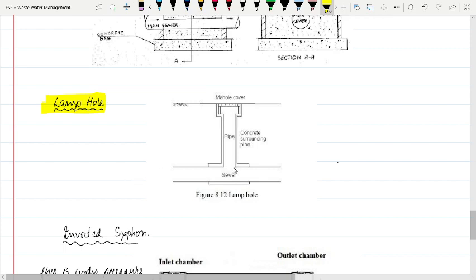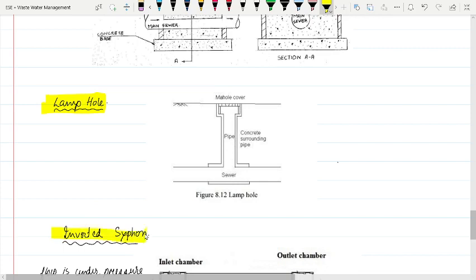If there is any blockage, we can also put high pressure water through this lamp hole and clean the blockage. Also, various gases are produced in the sewer lines, and those gases can easily go out through these lamp holes. So this is the lamp hole.